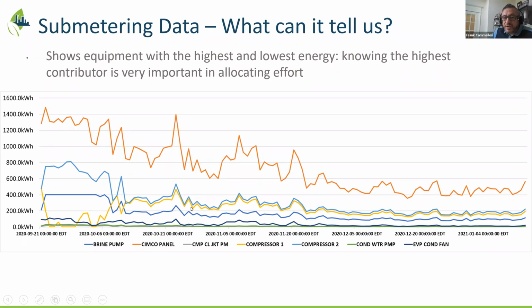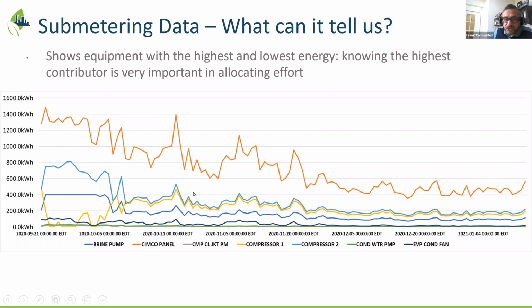If you try to optimize each piece of equipment in isolation, you won't optimize the plant. But by having the whole refrigeration plant sub-metered, you can test those different theories and see what actually works best, right? So that's that piece.